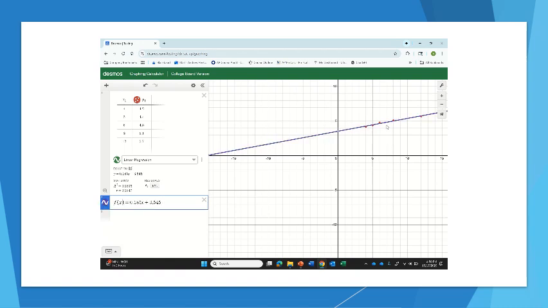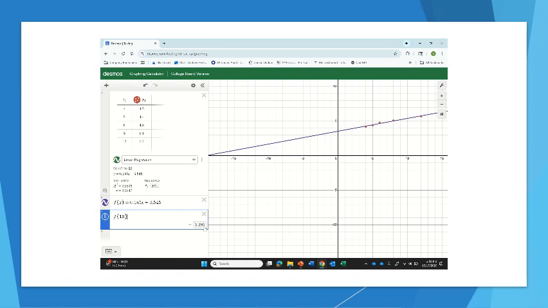It should be the exact same line, but now if we want to plug 10 into this equation, we can put f of 10 and get that it equals 5.395, which is our y value when x is 10. So that should be our answer for part B.